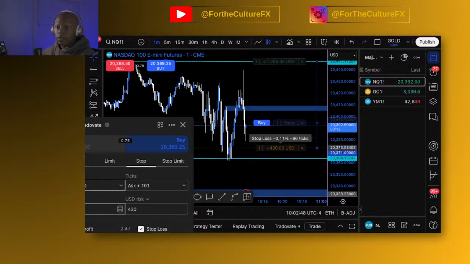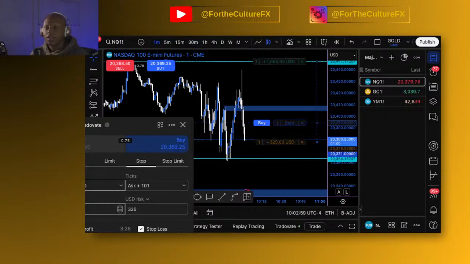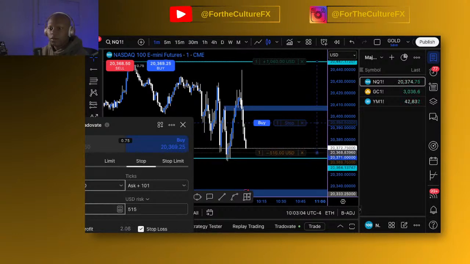We need to wait for the candle to close. This is why you got to wait for that candle to close. That last couple of seconds might get you. You know what I'm saying? Got to wait for the candle to close.